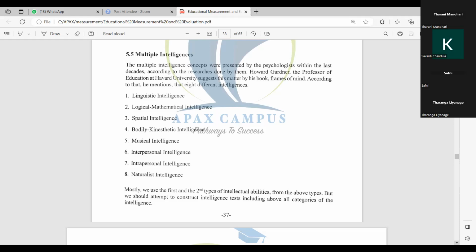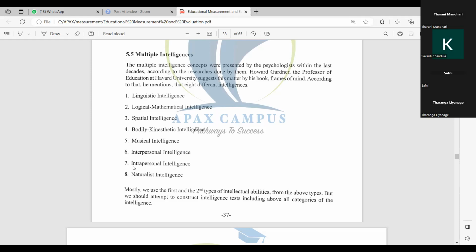You have linguistic intelligence, logical mathematical intelligence, spatial intelligence, bodily kinesthetic intelligence, musical intelligence, interpersonal intelligence, intrapersonal intelligence. Now, those are the 7 intelligences Howard Gardner suggested, right?